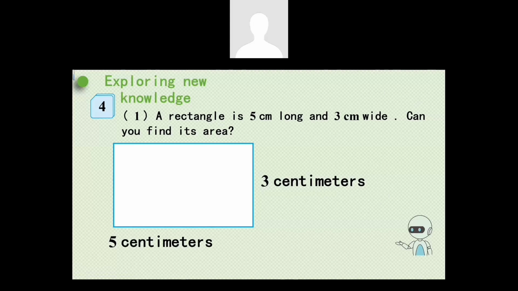Yes. Cover it with unit squares and count the squares. That's right. And another answer?